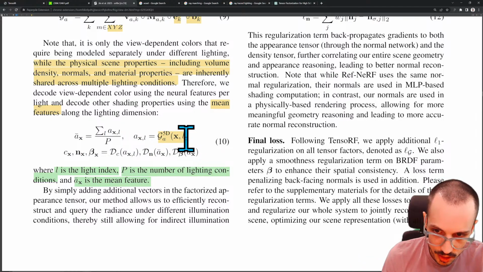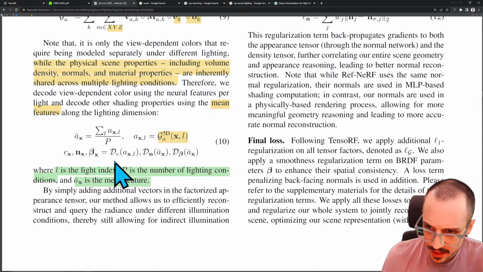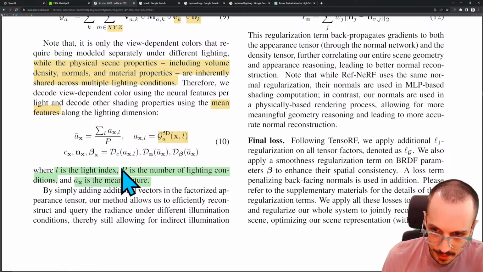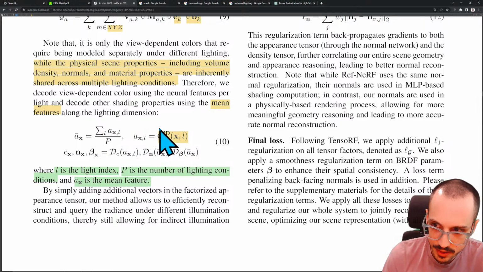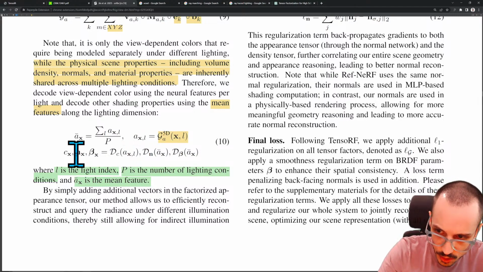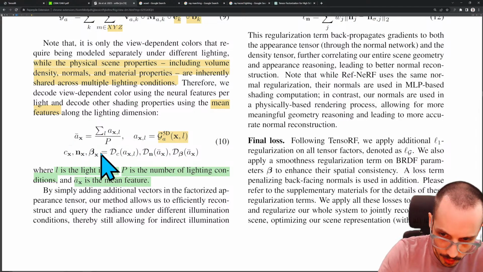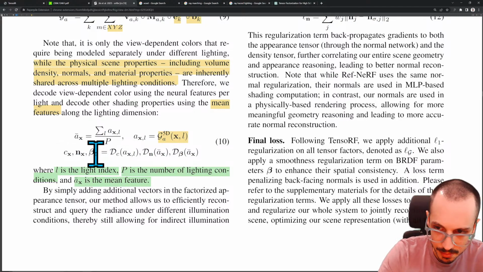So those two things should be the same. And then here you have your 3 different multi-layer perceptrons: your color MLP, your normal MLP, and your material property MLP. If you give each of them the mean feature vector of the lighting, you get the color, the normal, and the material: C_X, N_X, and then beta_X.